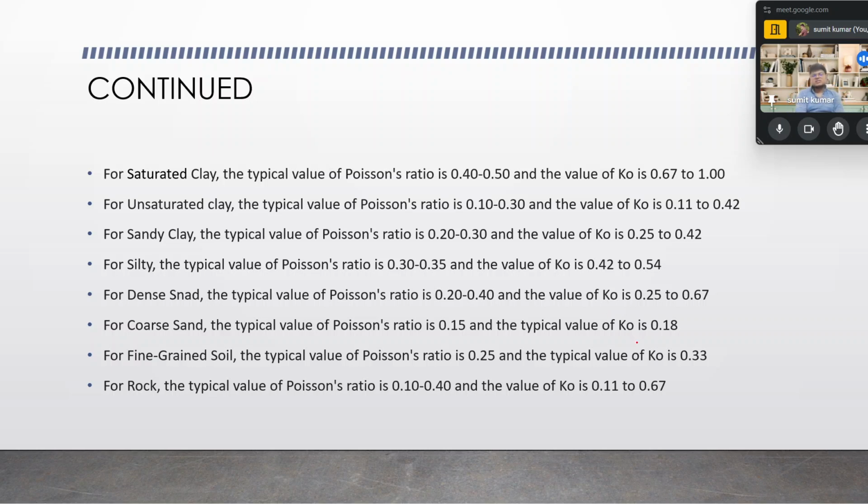Now you see some of the points mentioned over here, just for information. For saturated clay, the Poisson ratio lies between 0.4 and 0.5, so the value of K naught is between 0.67 and 1. Similarly, for unsaturated clay, sandy clay and silty soil, the typical value of Poisson ratio is also mentioned, and based on it the value of K naught.